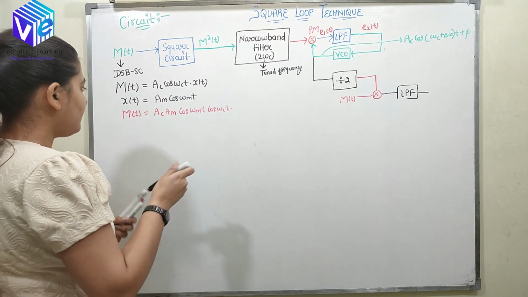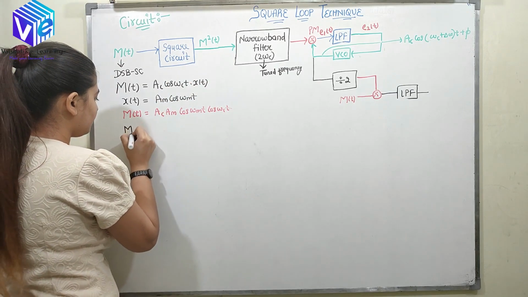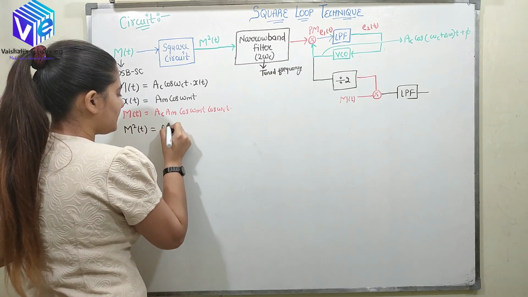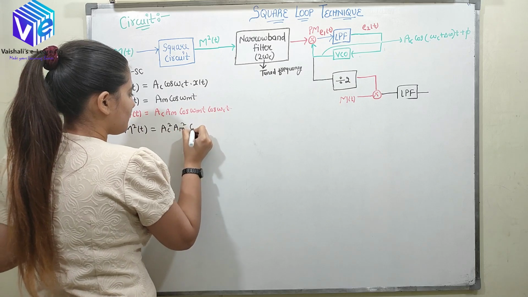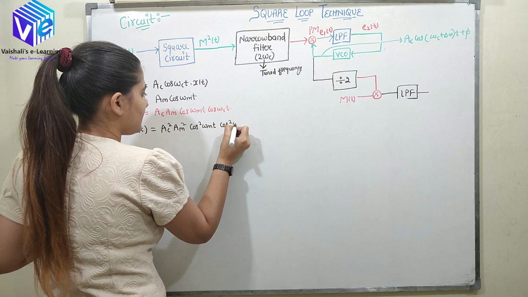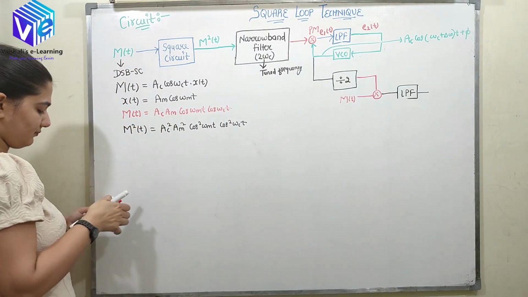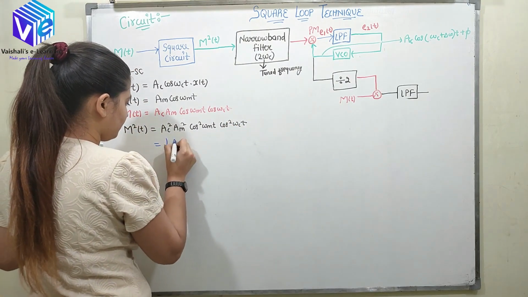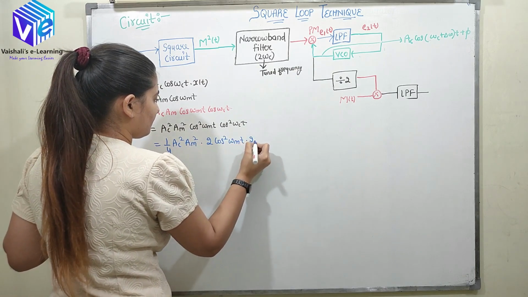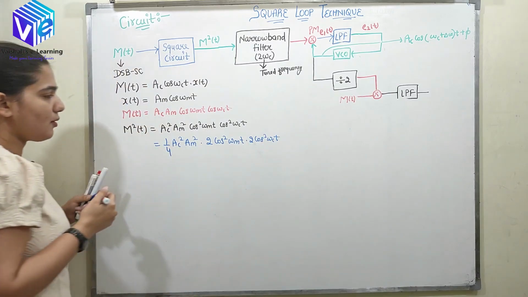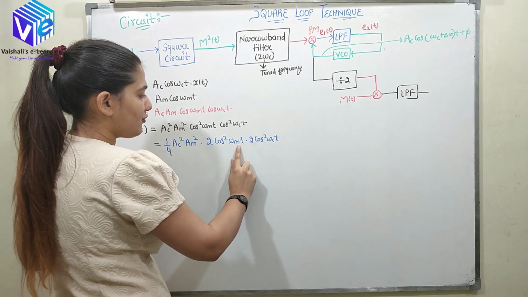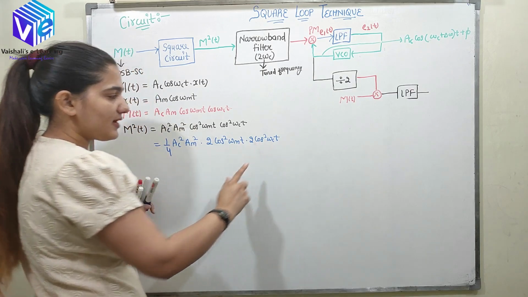Let's understand what m squared t is. We are squaring all the terms, so it is A_C squared A_M squared cos squared(omega M t) into cos squared(omega C t). Now what I did here is divide by 4 and multiply by 2 cos squared(omega M t) and 2 cos squared(omega C t).